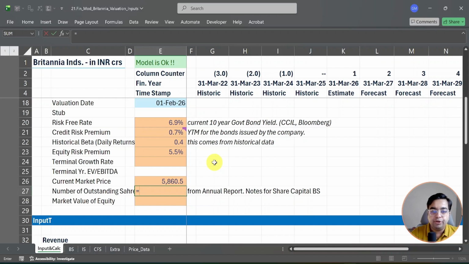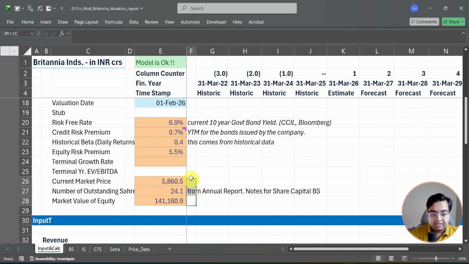And again, remember, we are going to convert this in crores. 240868296 divided by 1 crore. So this is what we have, the number of outstanding shares, and market value is going to be outstanding shares multiplied by the current market price. And this is what we have as the market value of the company.